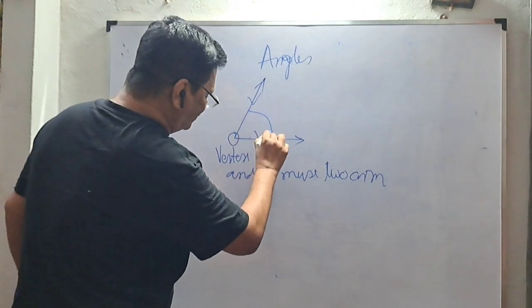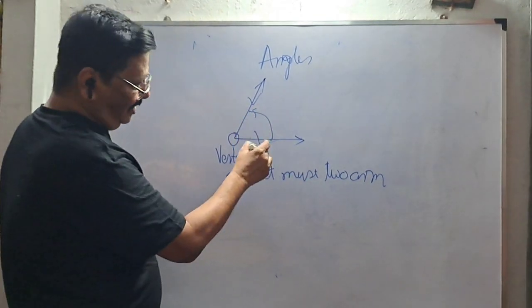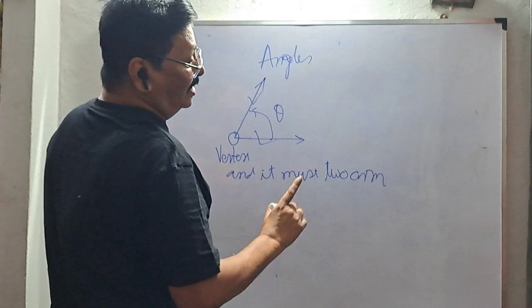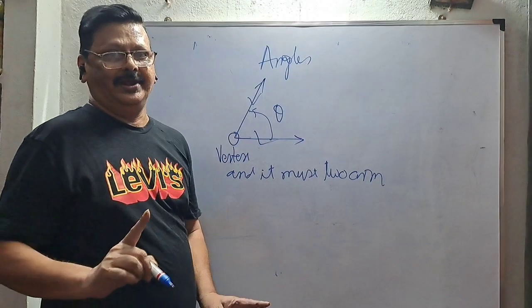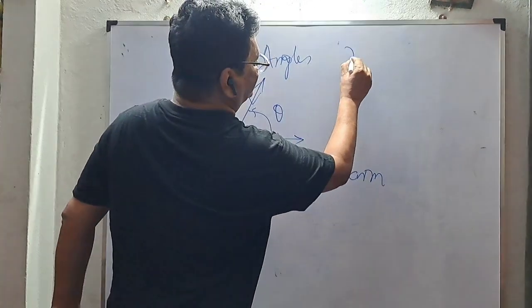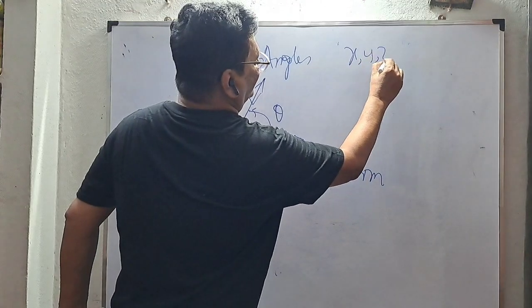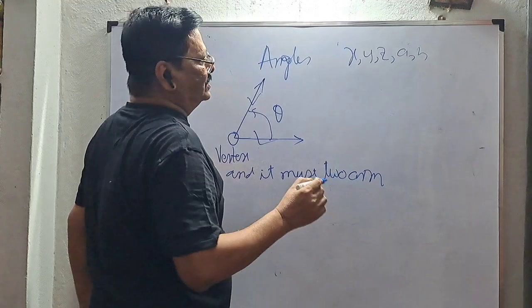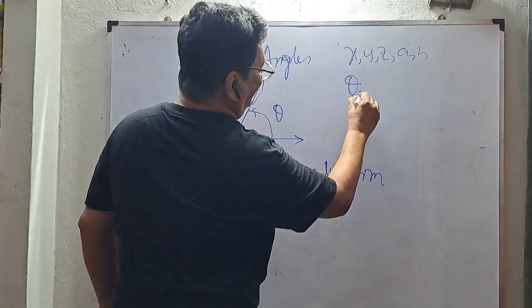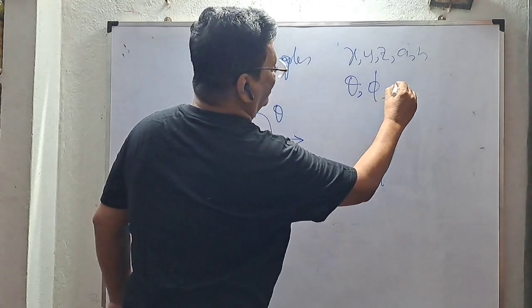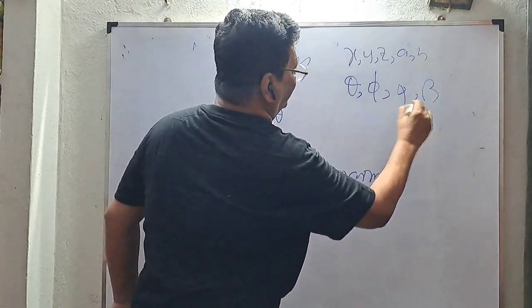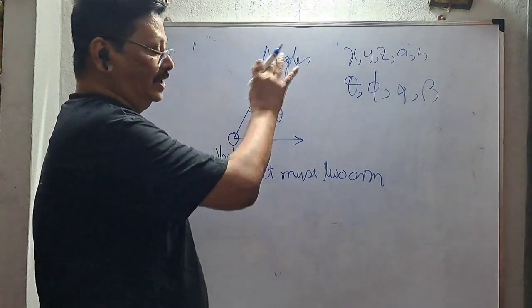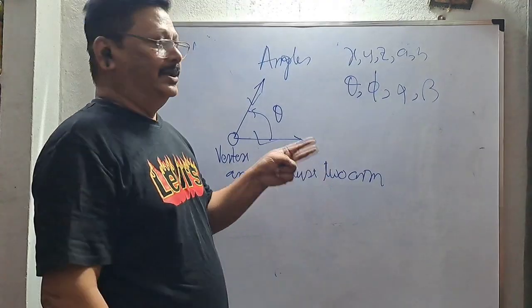And this is called the angle, and the value, let's say, is theta. Theta is just a nomenclature; you can use x, y, z, a, b, but generally for angles we use theta, phi, alpha, beta. These are Greek letters, which we use for naming the angle.